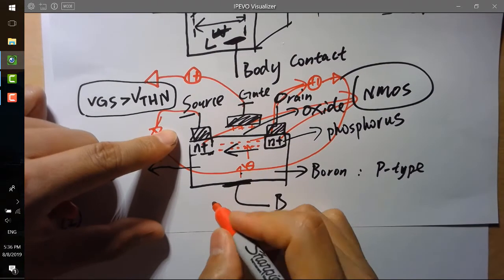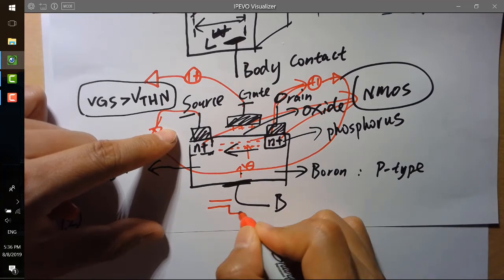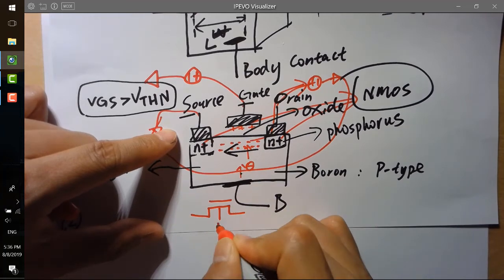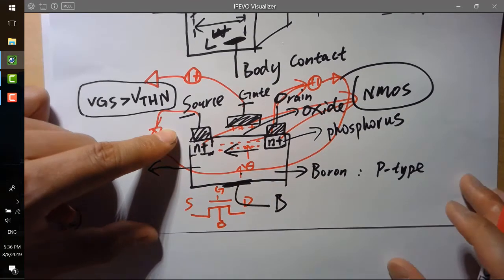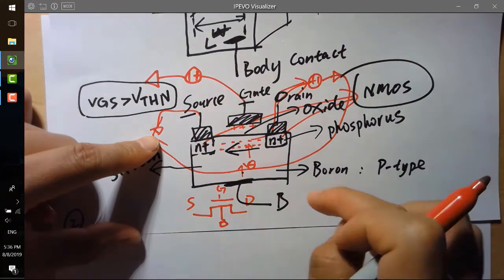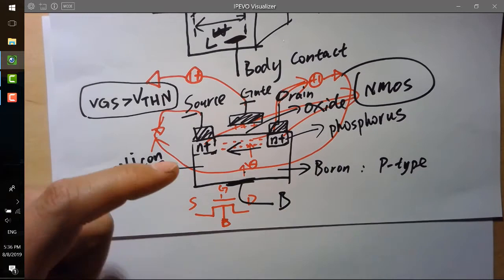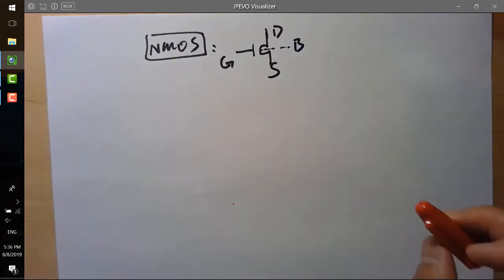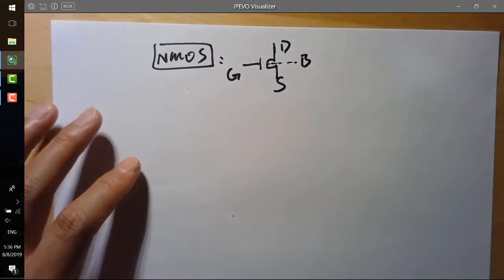People just draw the symbol like that. So here's B, here's G, here's D, here's S. Right? It looks like that. DGSB. So you have a DGSB, but we just draw it in another direction.